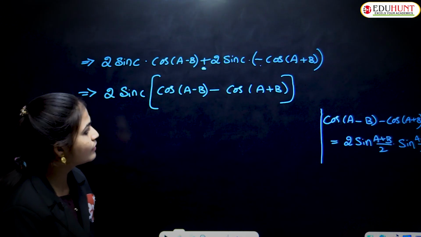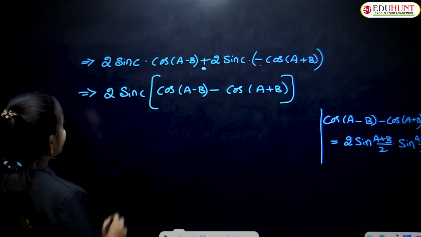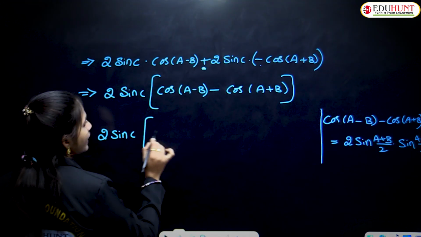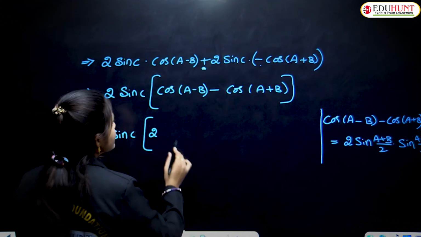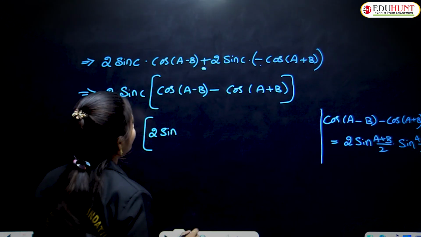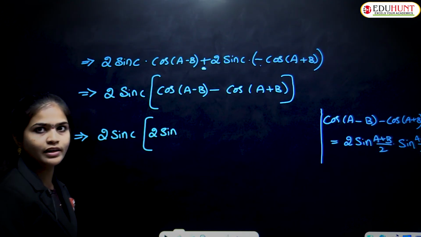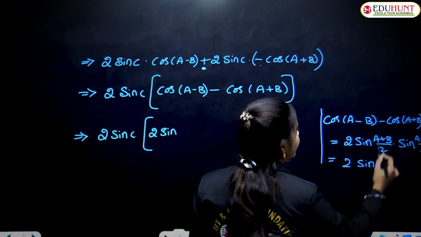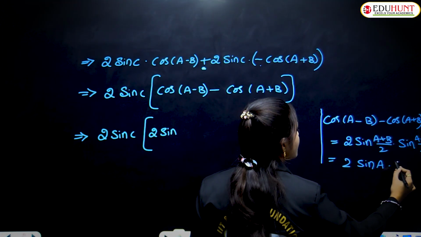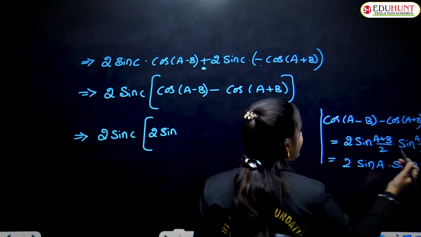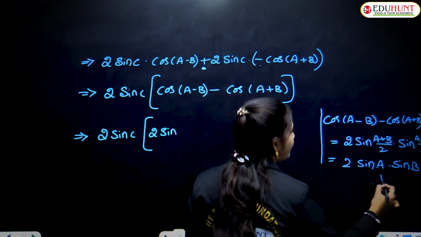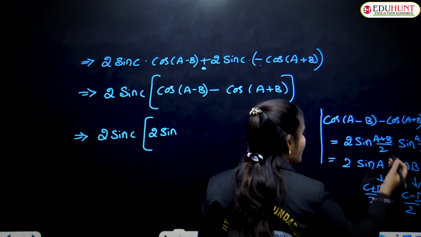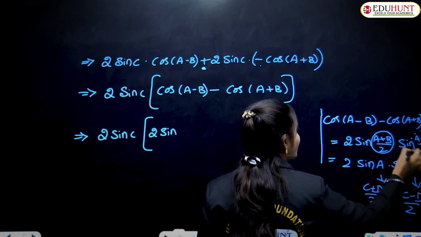Okay, this we got previously. So here also use the same formula. 2 sine c into 2 sine here a plus b by 2, which means here c only, no. So here a minus b by 2. So 2 sine a plus b by 2 means here we can write 2 sine a sine b. Actually this is the formula, no. Instead of that a we can write c plus d by 2 and b we can write c minus d by 2, or else if a and b are there, it means a plus b by 2 and a minus b by 2.